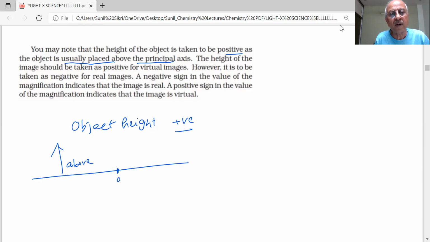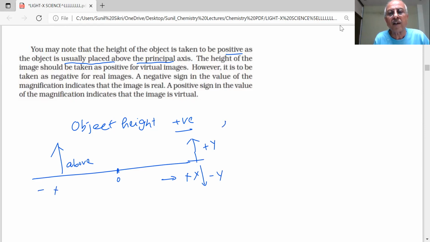This is my center. This is my minus x, this is my plus x. And if I take it, this is my plus y and this is my minus y. So the object is always above the principal axis. Therefore, object height will always be positive.